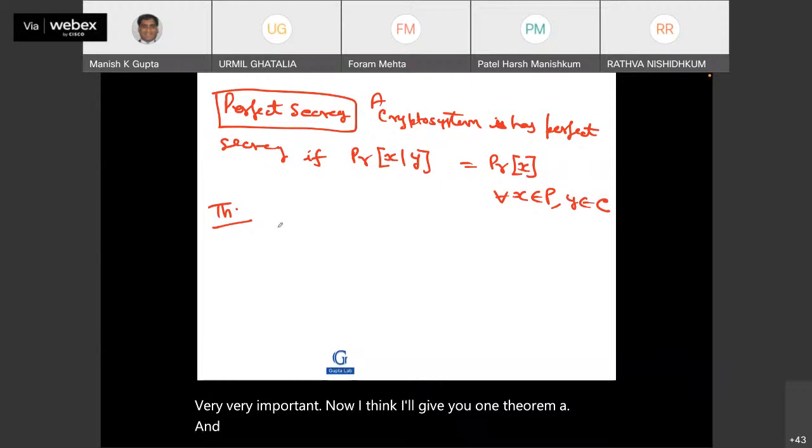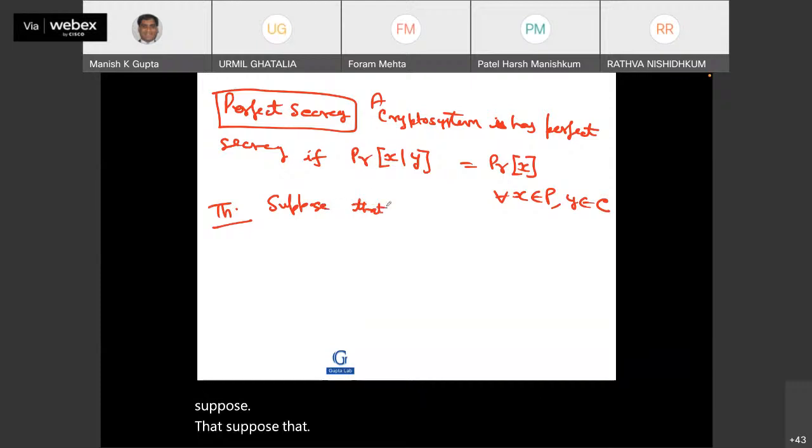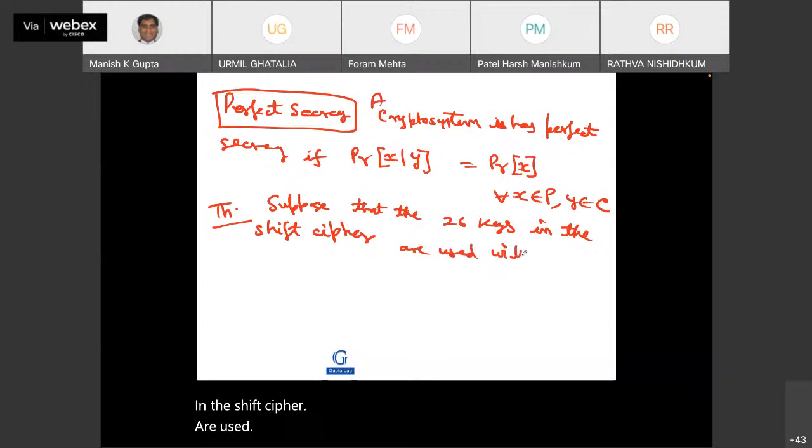And I'll show you that the shift cipher has perfect secrecy. Okay, so suppose that the 26 keys in the shift cipher are used with equal probability 1 by 26.